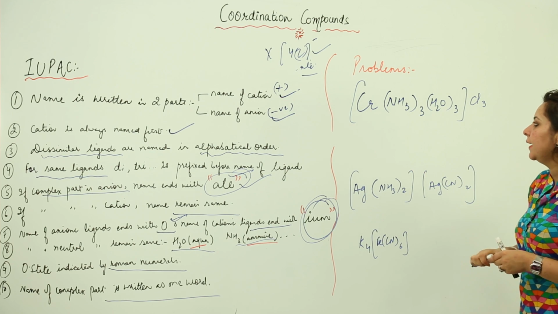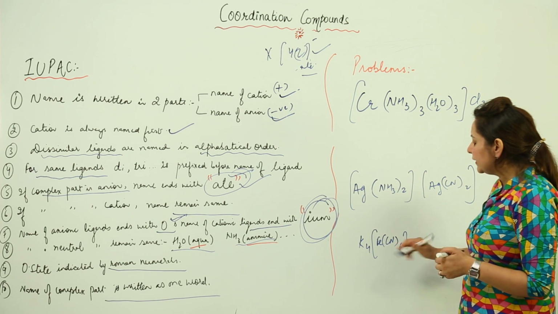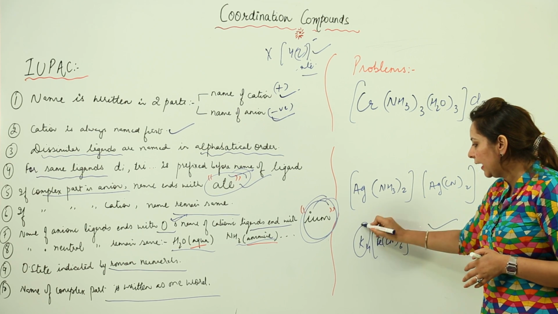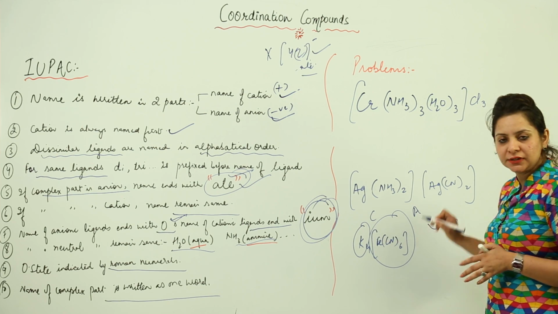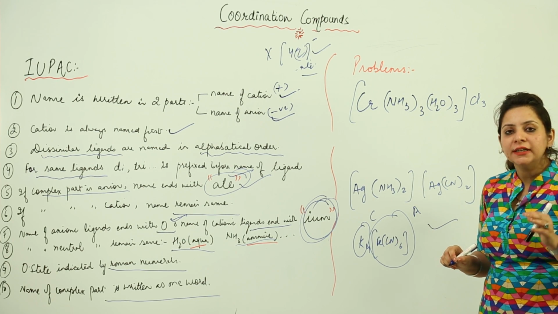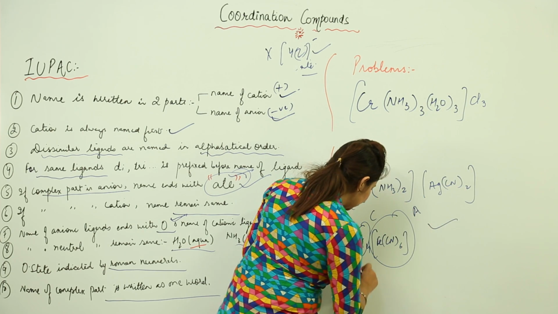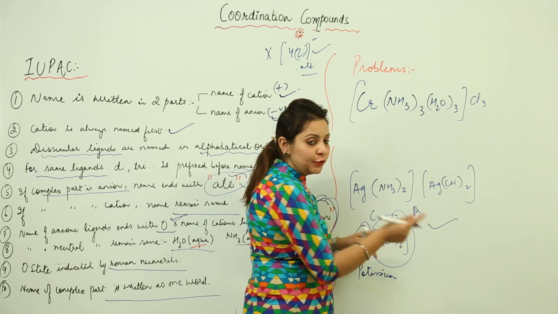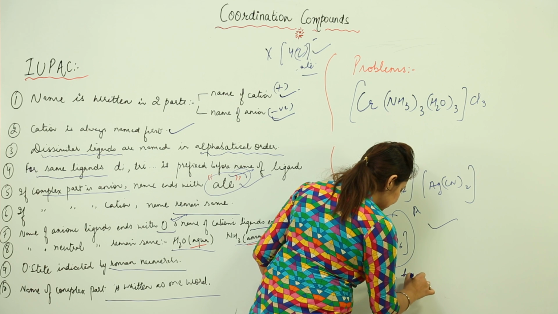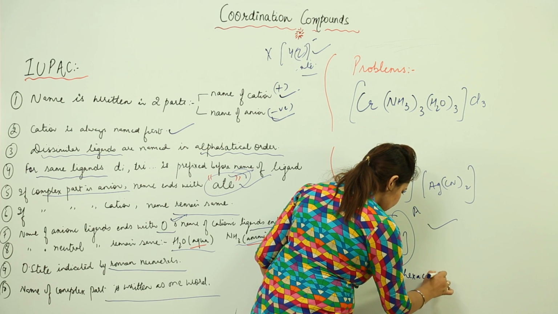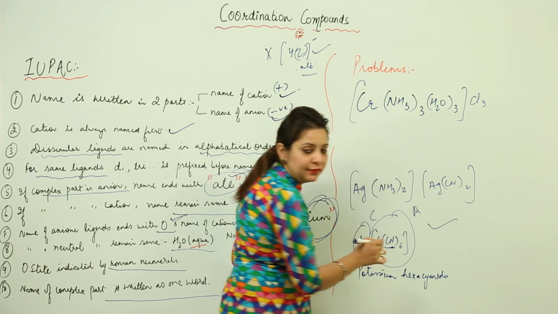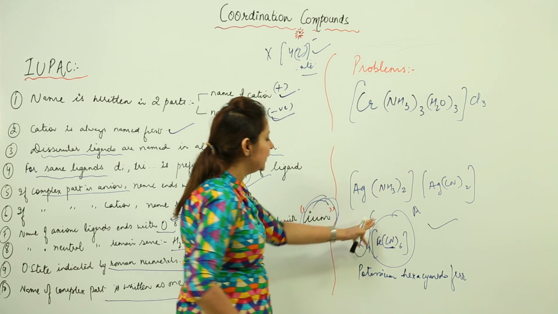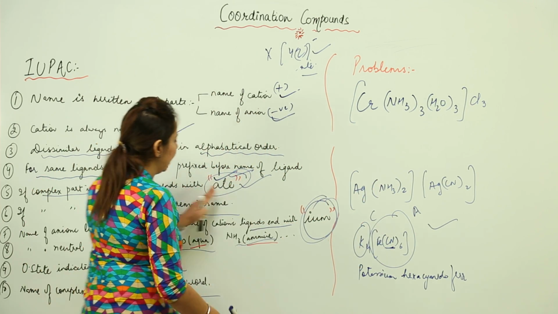For example, let us take this. First we will take a simple one: K4[Fe(CN)6]. This is the cationic part, and this is the anionic part, right? As I told you, we write the name of the cation first. So it is potassium, right? This is 6, so then we write the name of the ligands: hexa, cyanido, because it is a negative, anionic ligand, and this is Fe, and we know that whenever the complex part is anionic, we end the name with -ate.